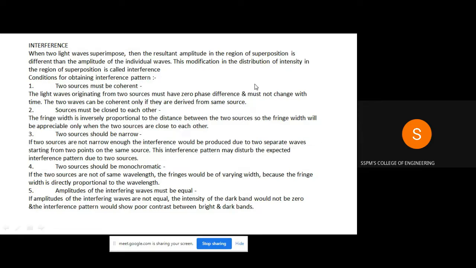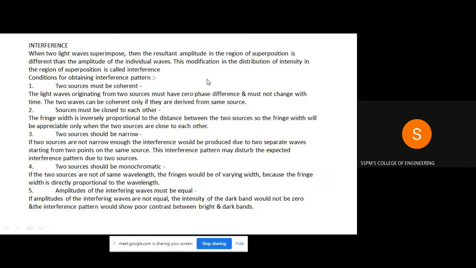Next one, refraction. When the ray of light is incident on the boundary separating two media, part of the light is reflected and the remaining part is refracted. Obviously, the angle of refraction is smaller than the angle of incidence, because when the ray of light enters from a rarer medium into a denser medium, it bends towards the normal.